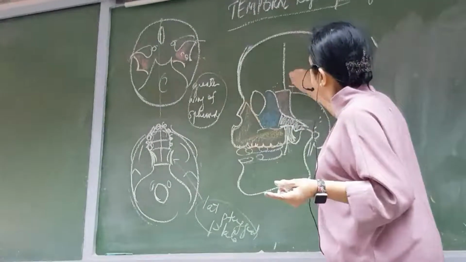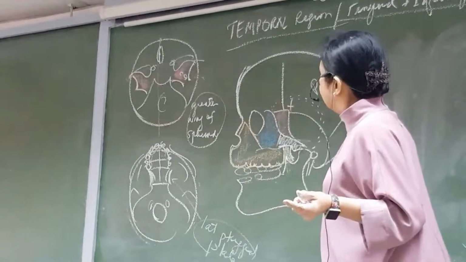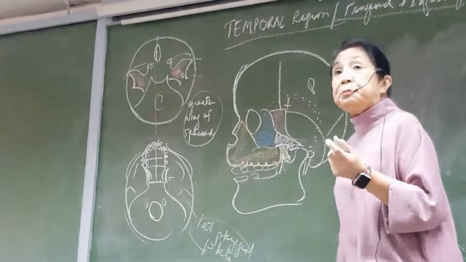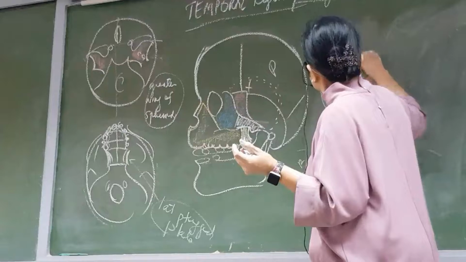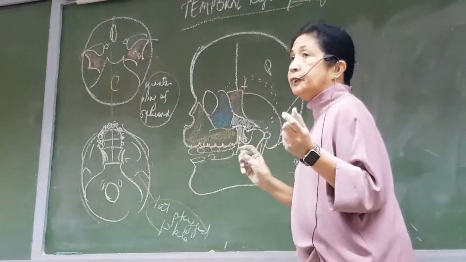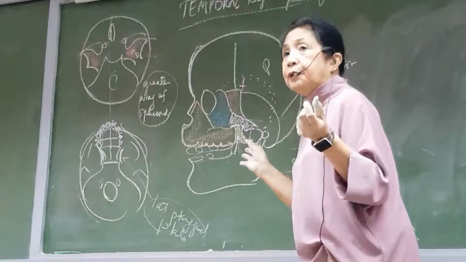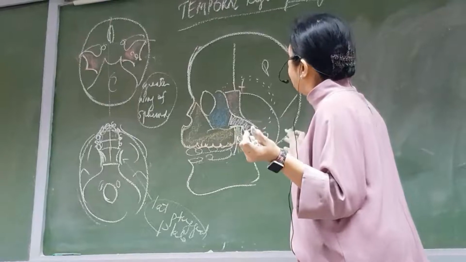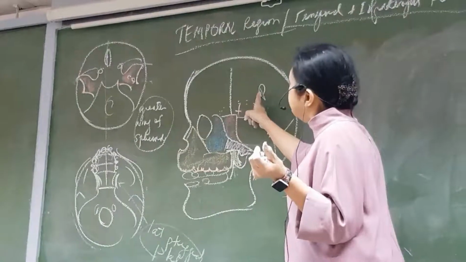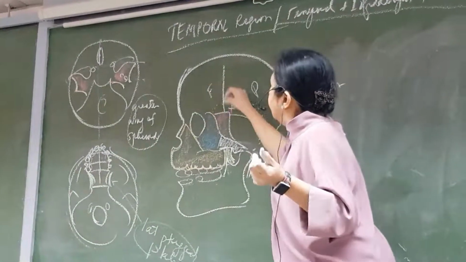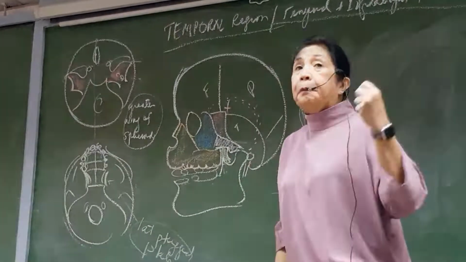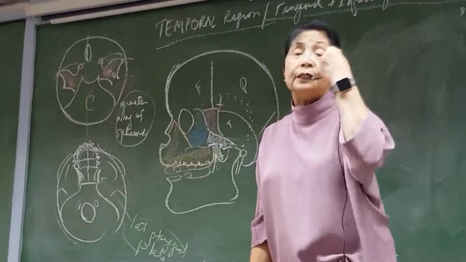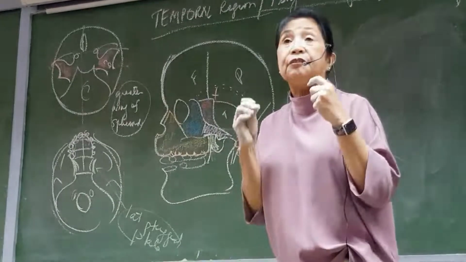Now, there is an anterior inferior angle of the parietal bone that is thin. And it's a landmark. You call this pterion. This is where the parietal bone joins with the frontal, sphenoid, and temporal. When your head is hit on this lateral part, it is thin, it can fracture.